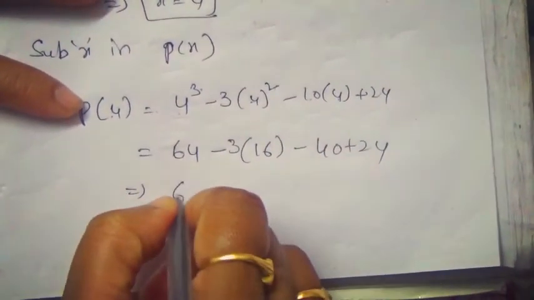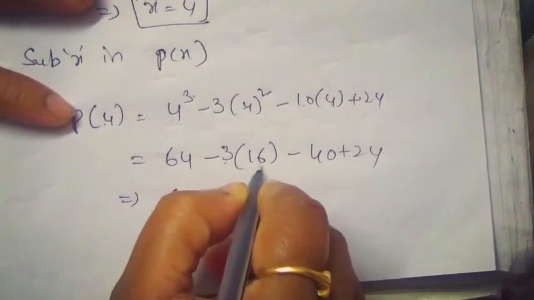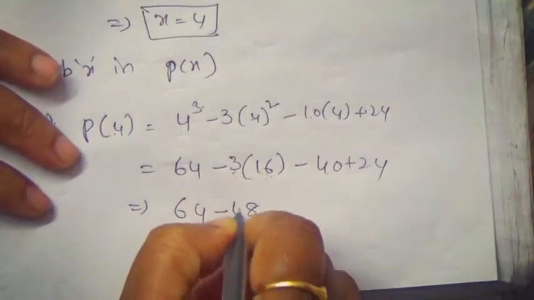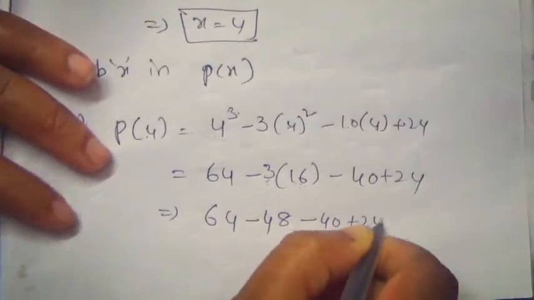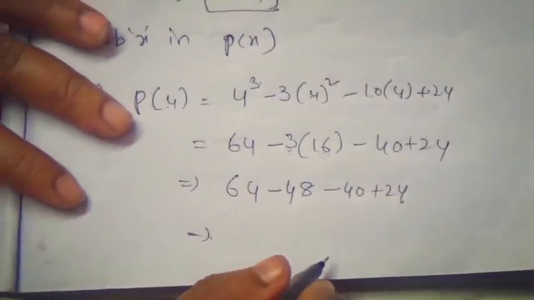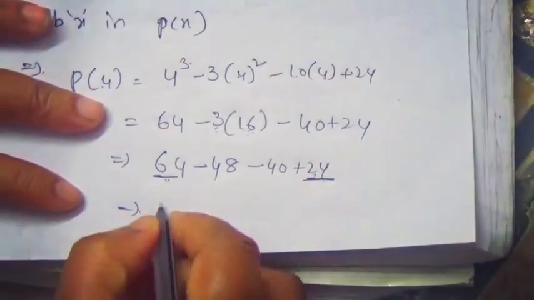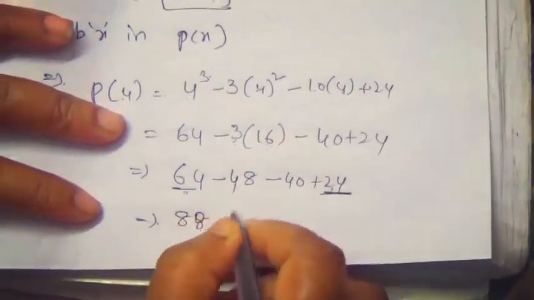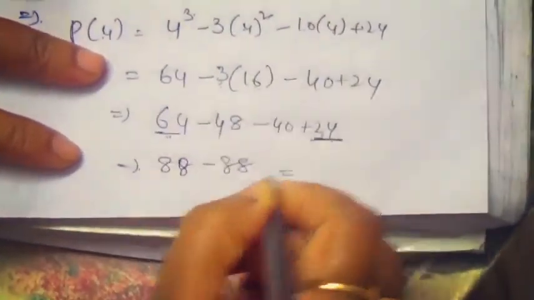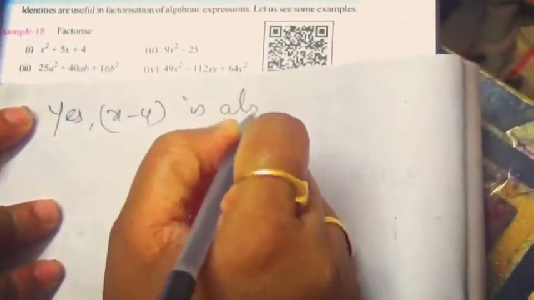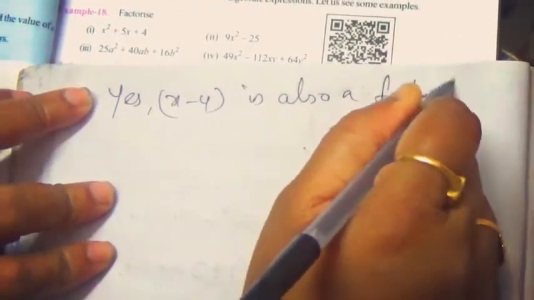That implies 64 minus, when you multiply 3 into 16 you will get 48, minus 40 plus 24. These two are positive numbers, so 64 plus 24 is 88. So these two are cancelled, hence you get 0. Yes, x minus 4 is also a factor of p of x.